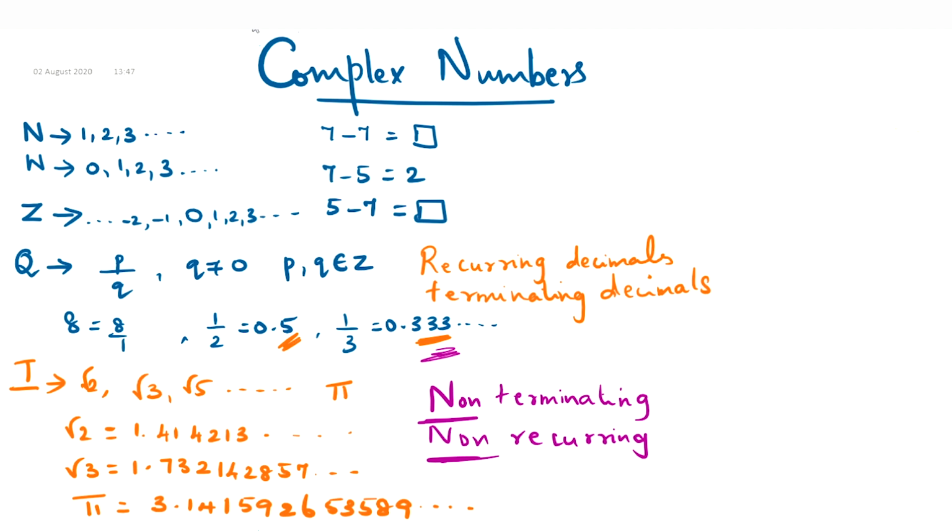So we can conclude that real numbers consist of the union of rational and irrational numbers. That is, rational numbers together with irrational numbers give you the real numbers. Now we shall see the diagrammatic representation of the real number system.